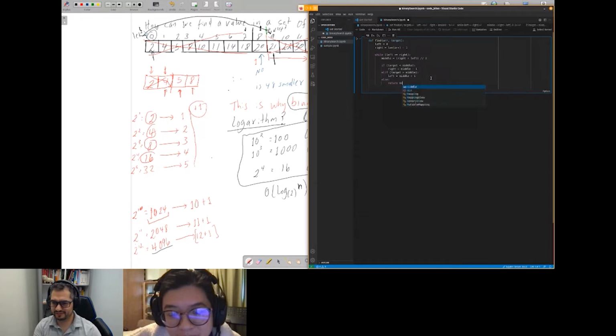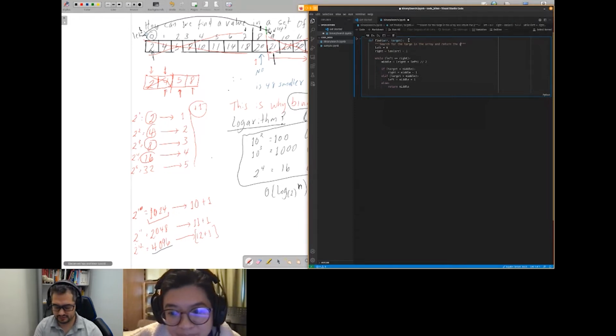We return the index. Oh, and that's one thing, right? I'm going to comment this: return the index, the position.